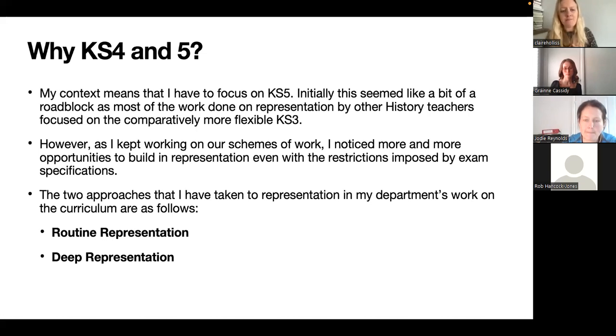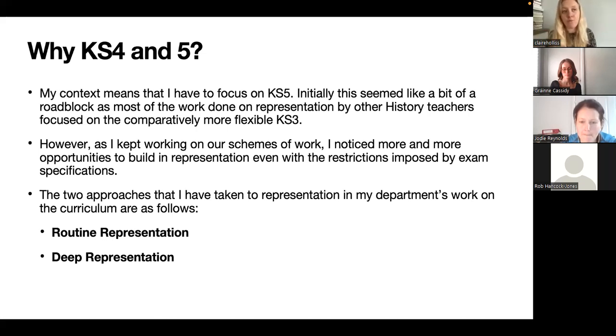Whilst being aware of those key issues, I have found over the course of the years that I've been looking at this in my context that, if you look for them, there are actually quite a few opportunities that can be found, even in spite of the restrictions imposed by specifications and by the requirements of the exams.